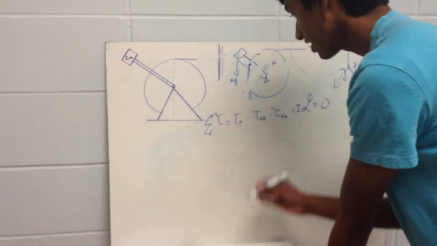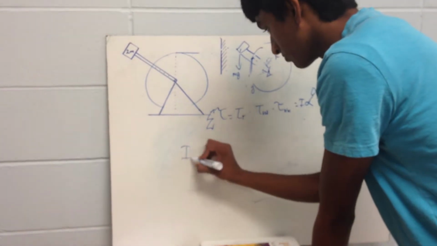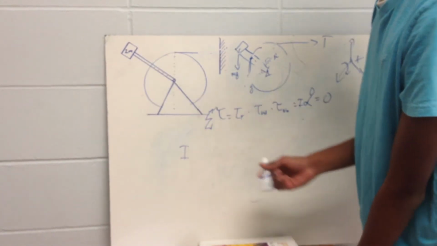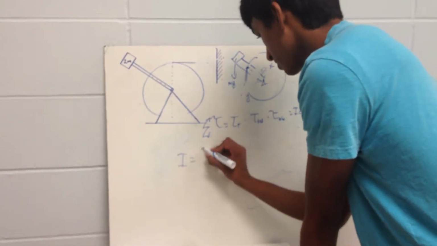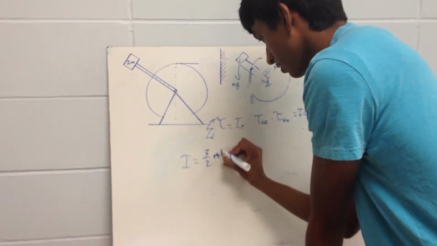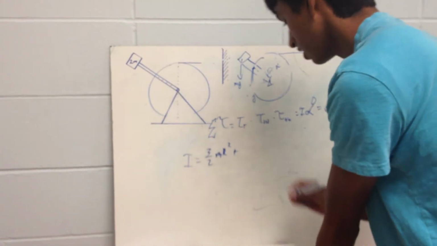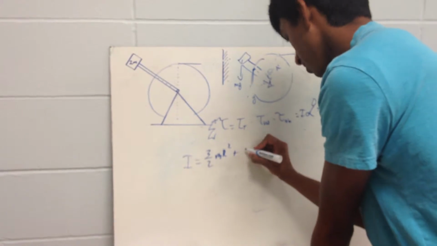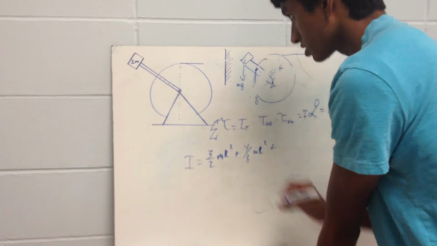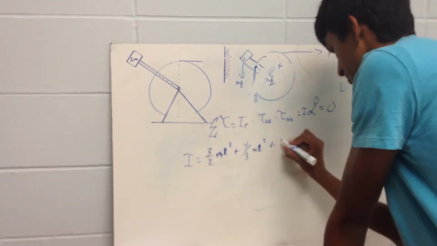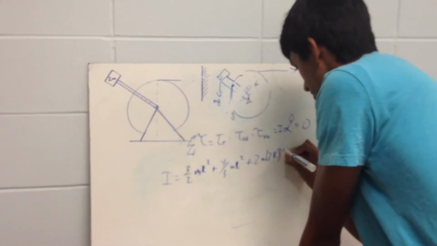So now we're going to have to find the moment of inertia of the system before we can find the acceleration. The moment of inertia is composed of each of the moments of inertia of each individual piece of the system. So you have the moment of inertia of the disk itself, which they've given to us as 3/2 mr squared, plus the moment of inertia of the rod itself, which they've given to us as 4/3 mr squared, plus the moment of inertia of this individual block, which is going to be 2m times 2r squared.